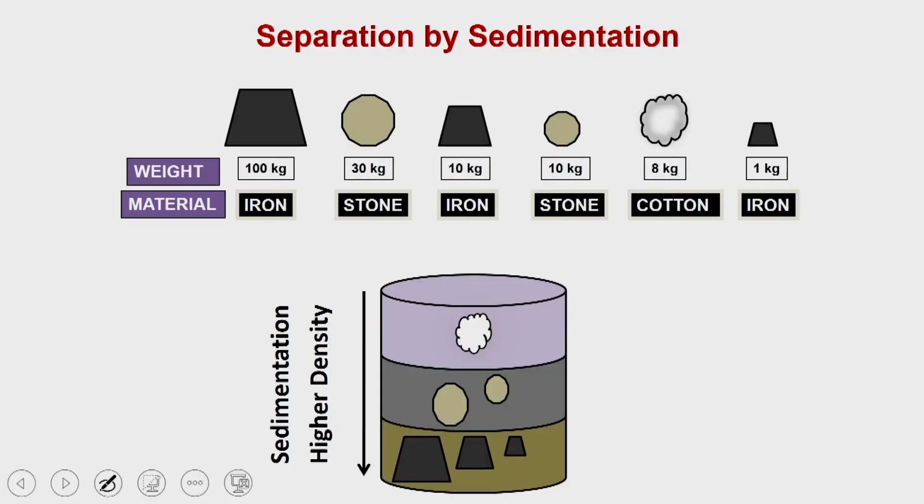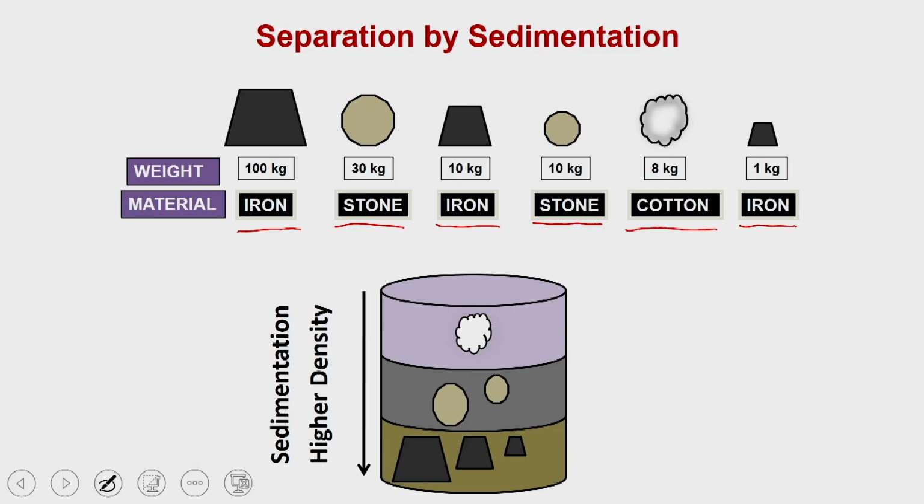Let us take an example. Suppose you have different substances of different sizes and densities. For example, you have an iron block of 100 kg, a stone of 30 kg, another iron block of 10 kg, a stone of 10 kg, then cotton of 8 kg, and another iron block of 1 kg.